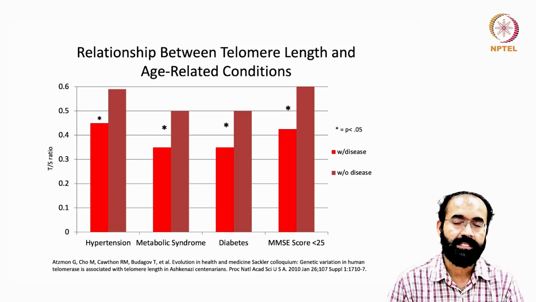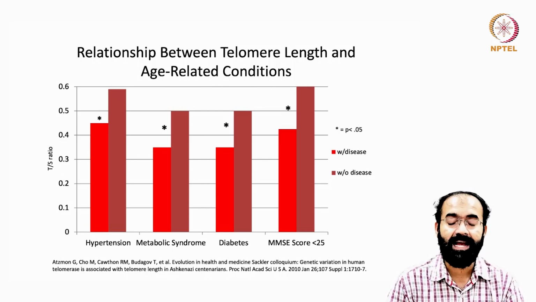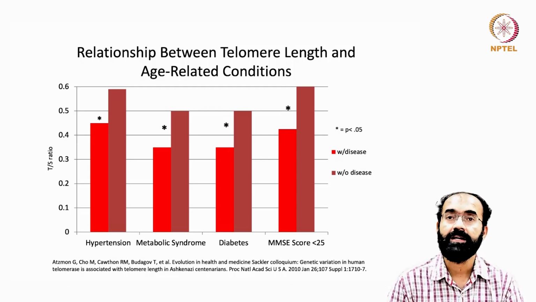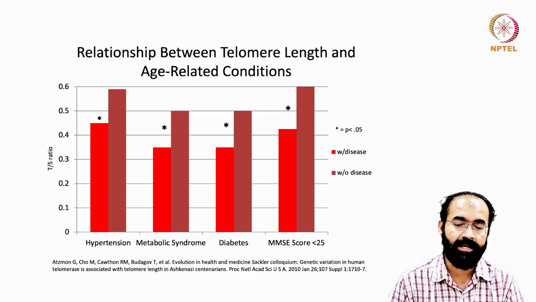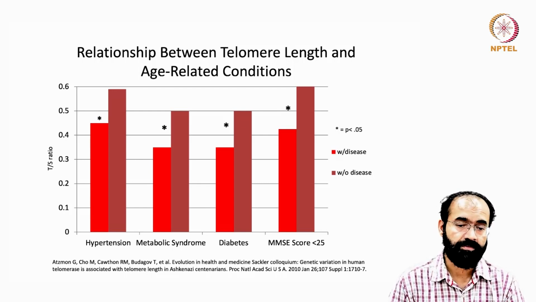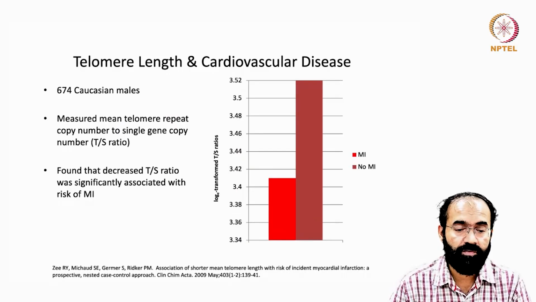So you end up having two categories, with disease and without disease. Disease having higher TS ratio is a significantly accepted fact. So as the TS ratio goes higher and higher, you have more chance of having disease. Now let us see telomere length and cardiovascular disease.